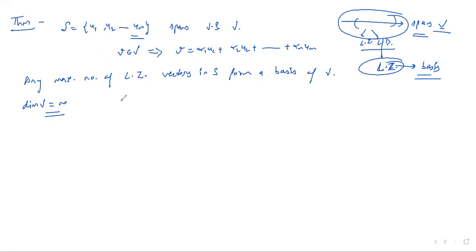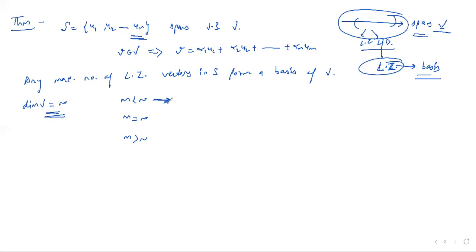Then the possible cases from here are that m can be less than n, m is equal to n, and m is greater than n. If I see the first case, which is m less than n, the spanning set has m elements, and the dimension has n elements.